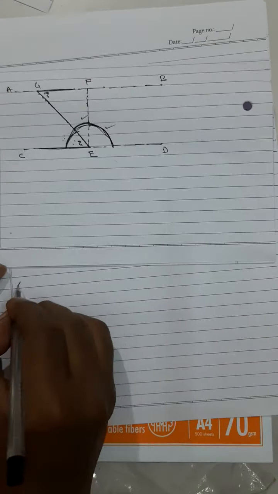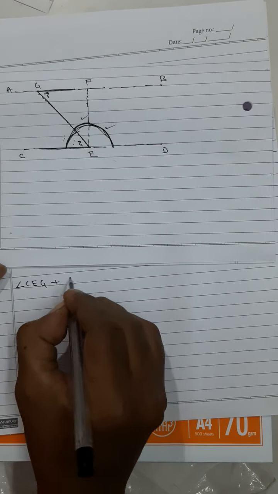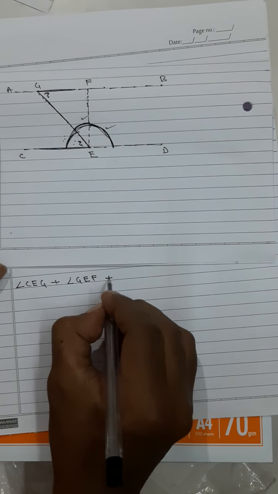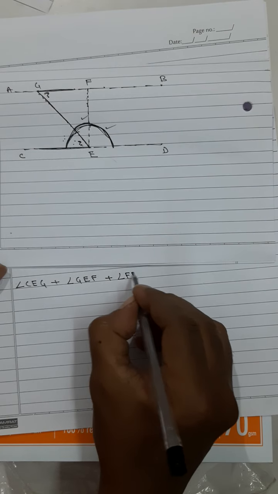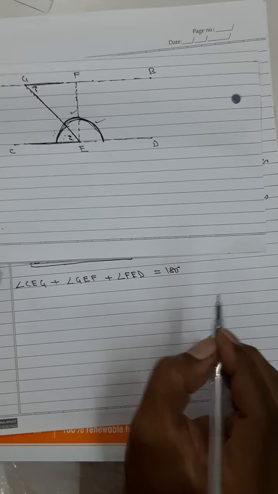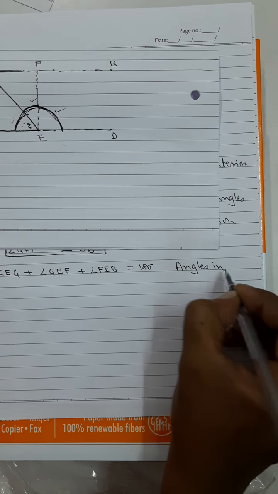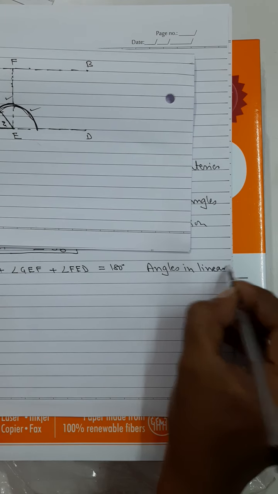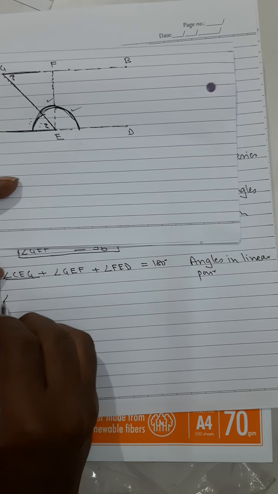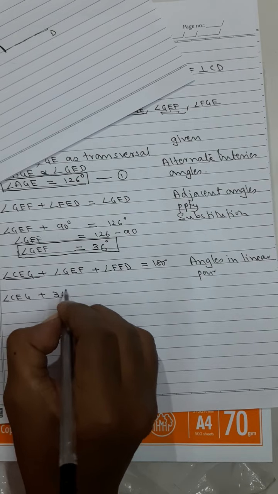So what I will write: angle CEG plus angle GEF plus angle FED is equal to 180 degrees. Reason is quite simple: angles in a linear pair. Now substitute. Angle CEG, I don't know. Angle GEF is equal to 36 degrees.